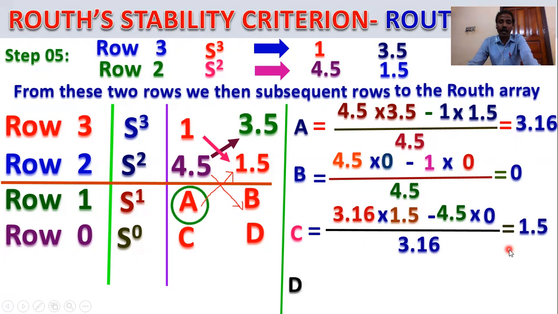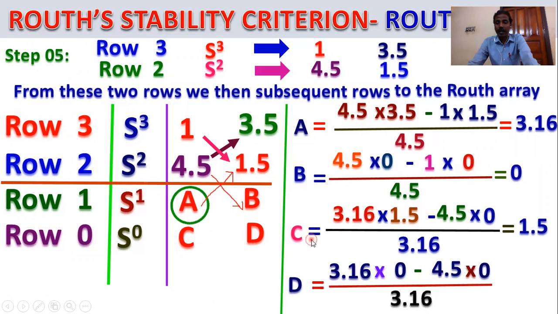Then D equals A into 0 minus 4.5 into 0, divided by A, which equals 0. So A equals 3.16, B equals 0, C equals 1.5, and D equals 0.